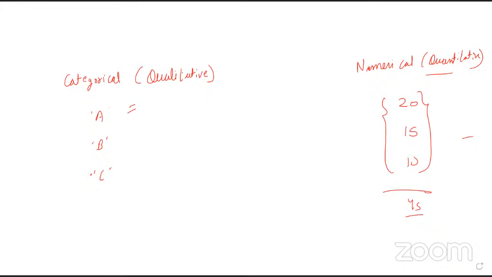I wanted to ask, if it is interval, the difference between the two should be the same for the interval. Is it necessary that the difference between two values is the same? I mean, if there are 5 values, 10 to 20, 20 to 30.